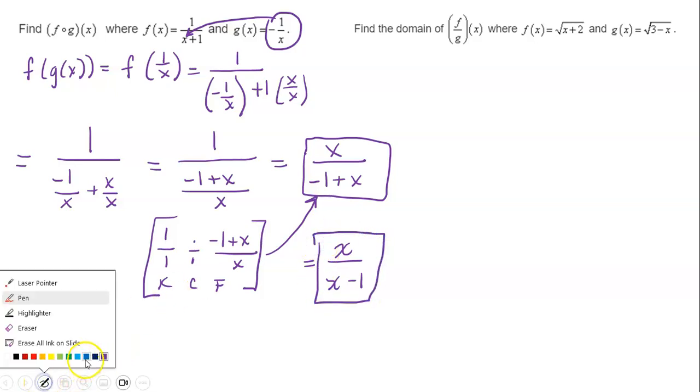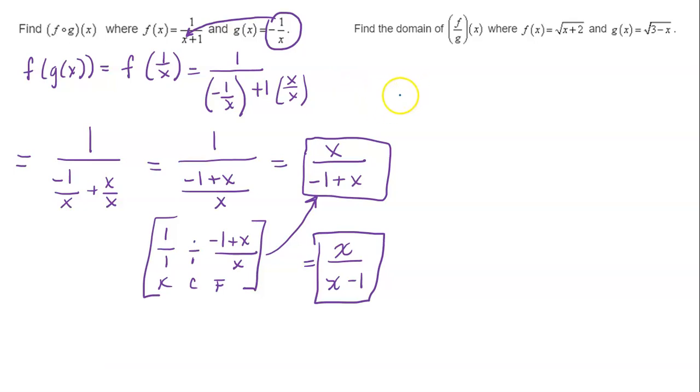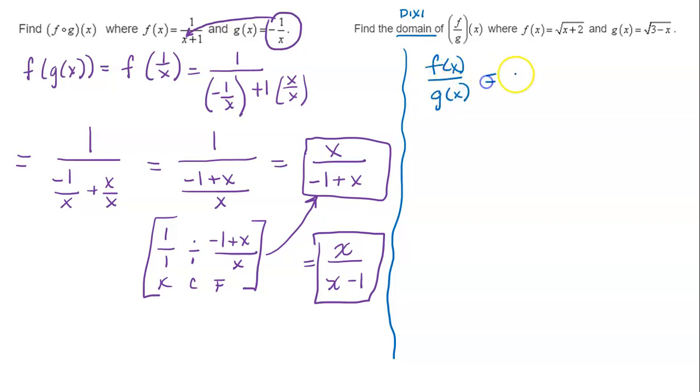Okay, let's pick a different color. I'm going to draw a little bit of a line here. It says find the domain, so I know that the domain is of f of x divided by g of x, when f of x is that and g of x is that. So f of x divided by g of x, square root of x plus 2 over 3 minus x.